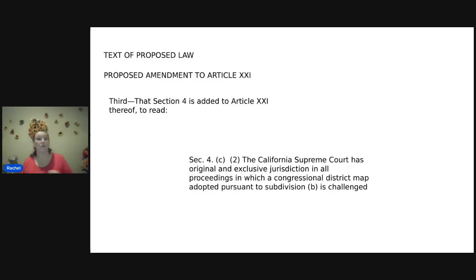And then Section 4C, Part 2, the California Supreme Court has original and exclusive jurisdiction in all proceedings in which a congressional district map is adopted pursuant to subdivision B is challenged. So, if somebody's going to sue them, if it wins, they're going to take it to the California Supreme Court.